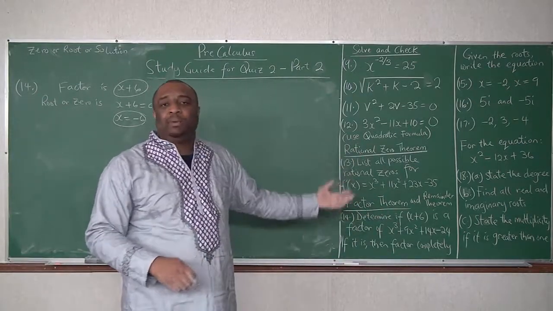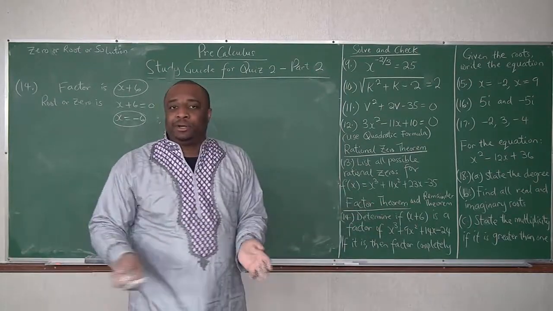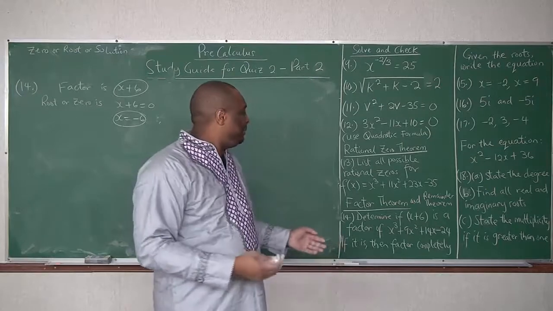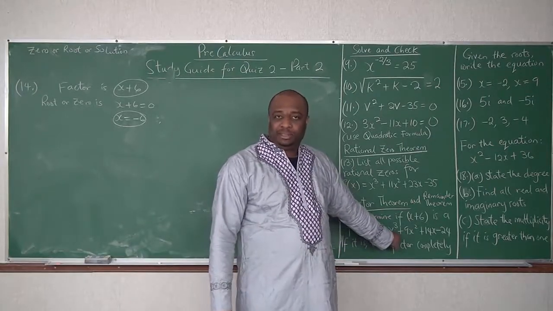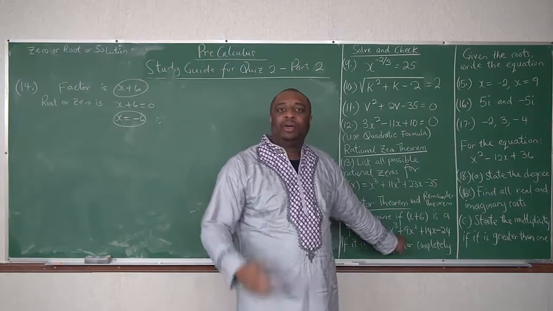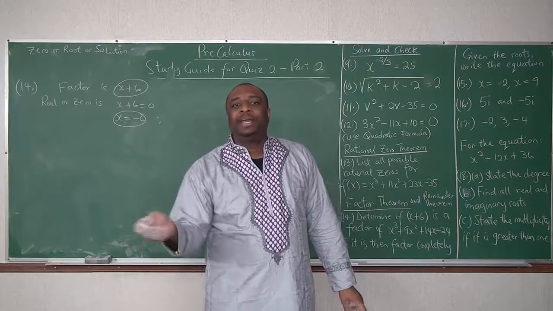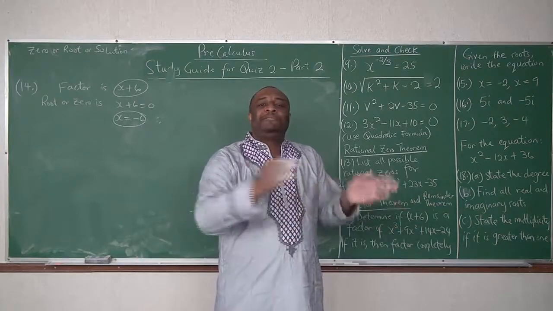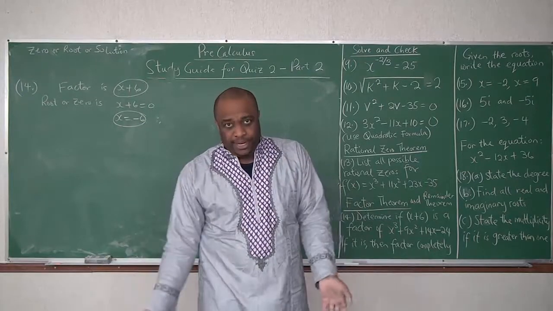We want to see whether x plus 6 is a factor. If x plus 6 is a factor, what does it mean? That means that x plus 6 will divide this without a remainder, or the remainder being 0. If you say that 2 is a factor of 6, that means that 2 can divide 6 without a remainder.